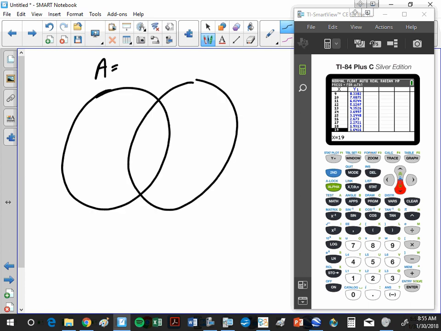If I switch those, does it matter? Nope, it's not going to change anything. So which cards are in the intersection? The king of spades, the queen of spades, and the jack of spades.